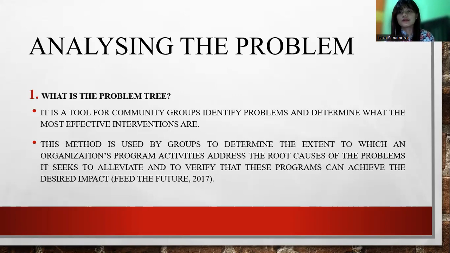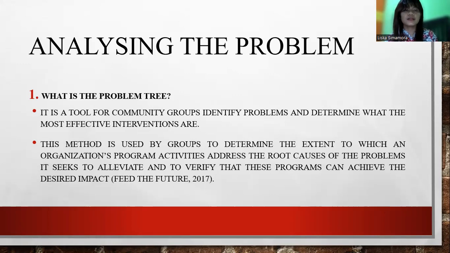So we want to identify the problem by recognizing the root. The root displays the cause, and the trunk displays the problem itself, and the branches and leaves display symptoms or effects. So that is why we call it the problem tree approach.